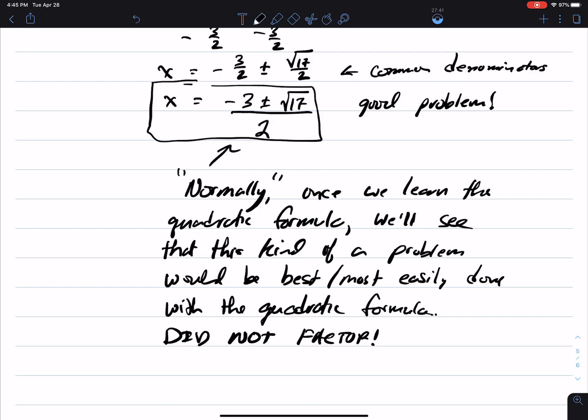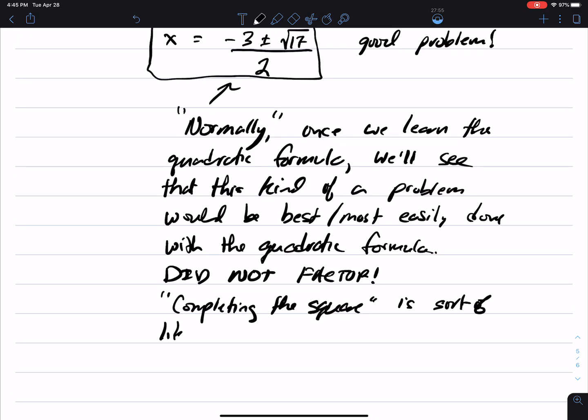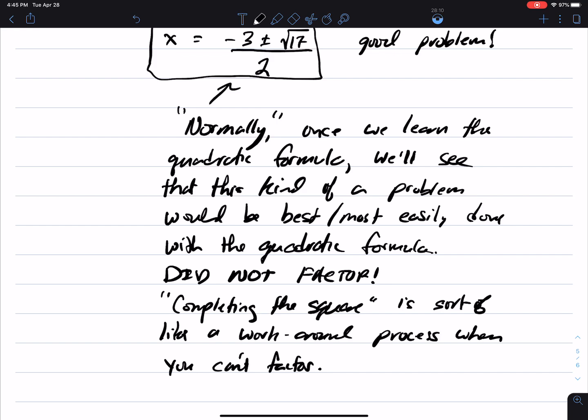So to end on a concept here: completing the square is sort of a workaround process when you can't factor. Once we learn the quadratic formula, we won't use it very much.